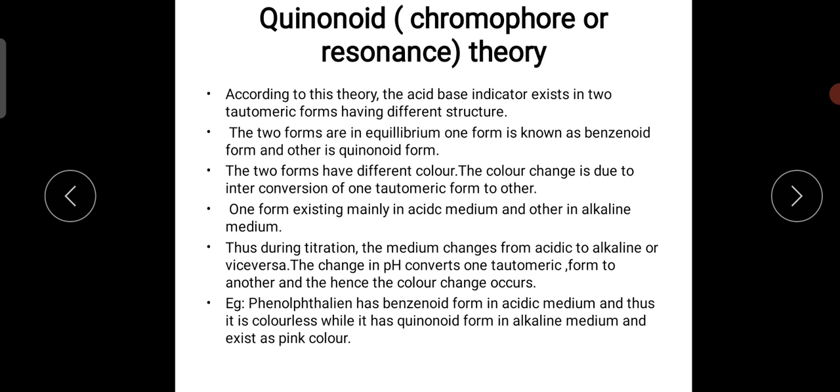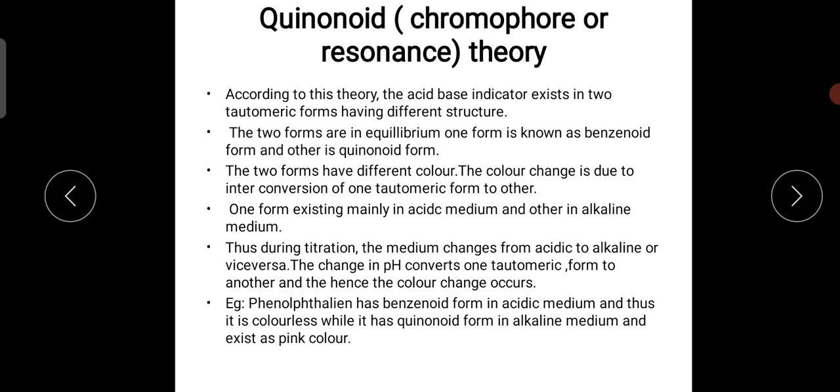Next is the quinoid theory. According to this theory, indicators exist in tautomeric forms. Tautomeric forms are a type of isomers, with a change in positions and structures. There are two forms, benzoid form and quinoid form, and these two forms have two different colors.